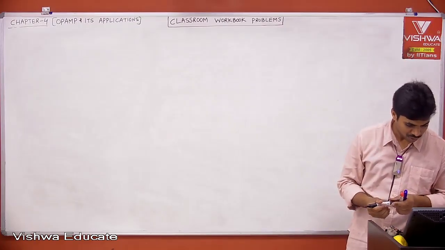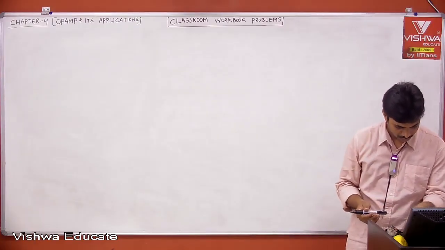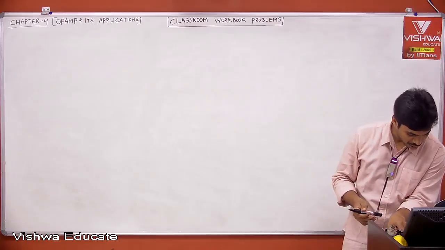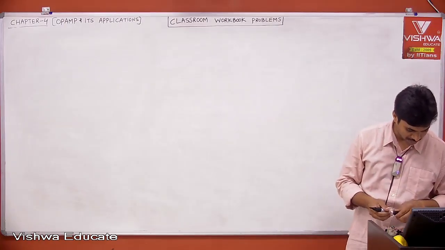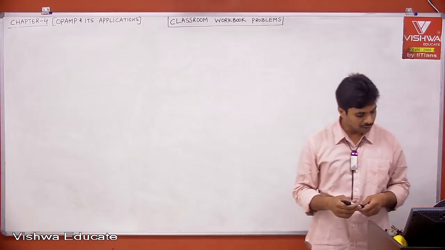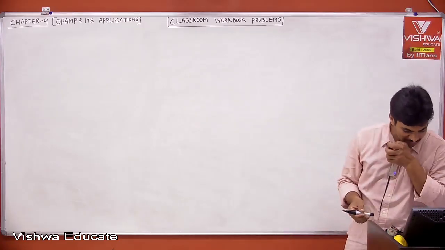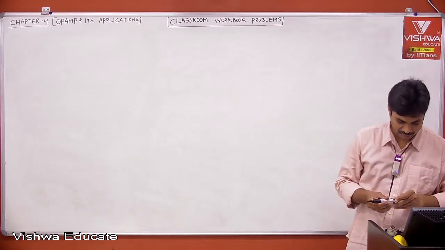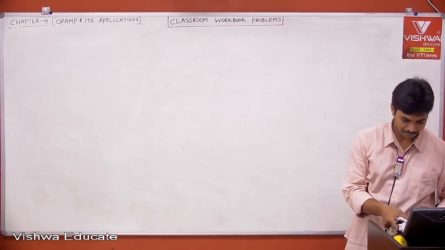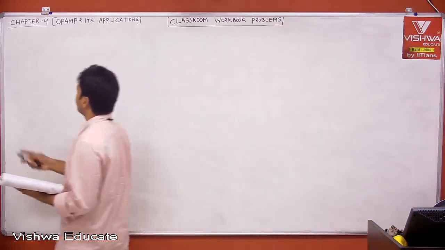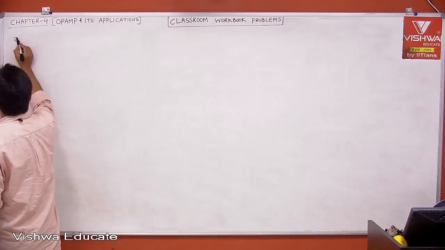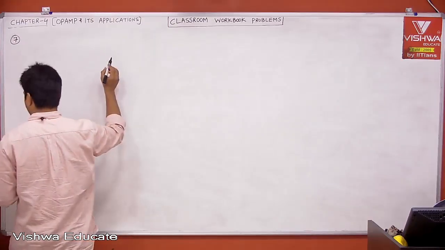In the differential amplifier shown in the figure, the magnitudes of common mode and differential mode gains are ACM and AD respectively. If the resistance RE is increased, then... Problem number 7.